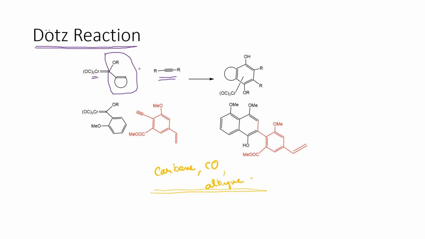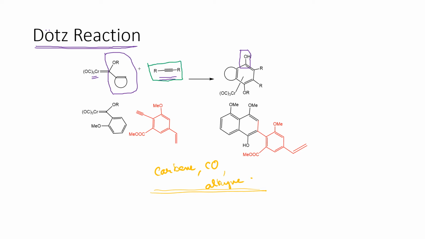So you have a new six-membered ring formation, but that six-membered ring formation involves the insertion of a carbon monoxide moiety, and that carbon monoxide moiety turns out to be an OH in the final product. It is present in the enol form. You also have an alkyne moiety, and the alkyne, let me mark it with a different color so that you can clearly recognize it.